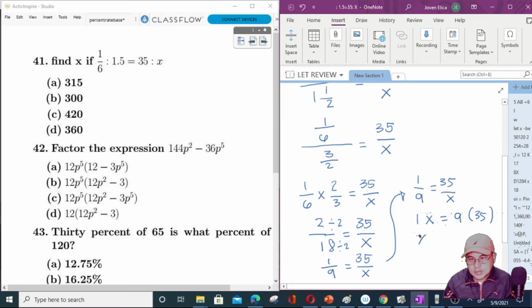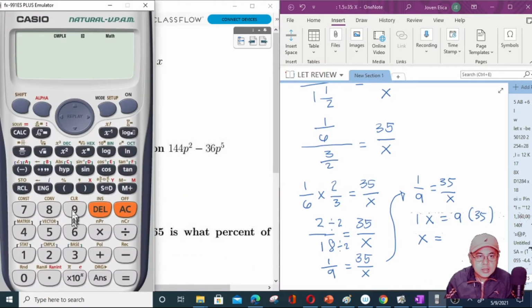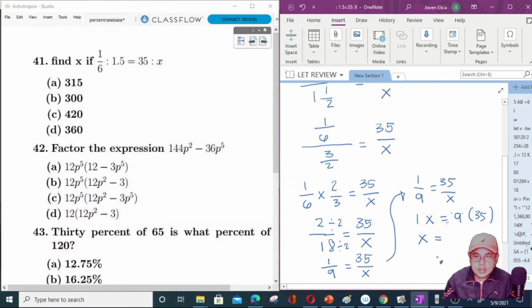So x is equal to 9 multiplied by 35, which is equal to 315.